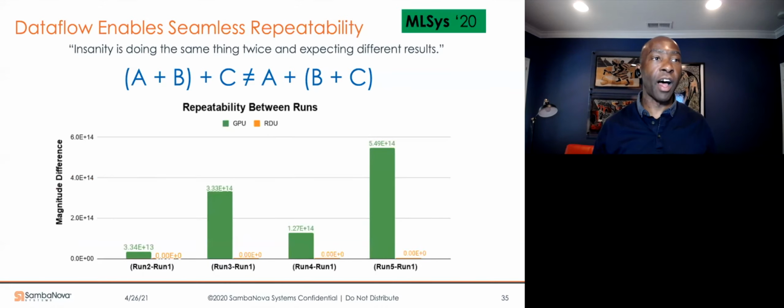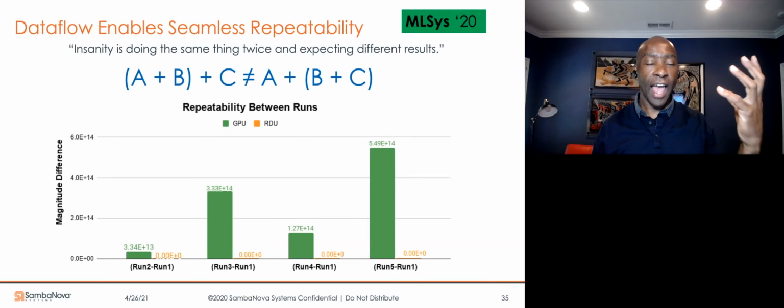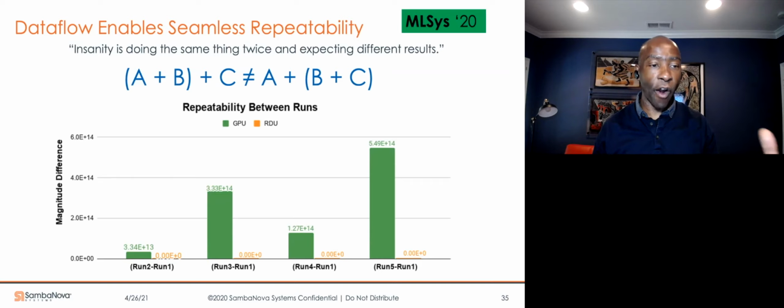One of the other benefits of the reconfigurable data flow is you don't have the unpredictability of caches and instruction execution, and so you get very, very repeatable execution, right? And so this just shows the magnitude of difference for the RDU versus the GPU.